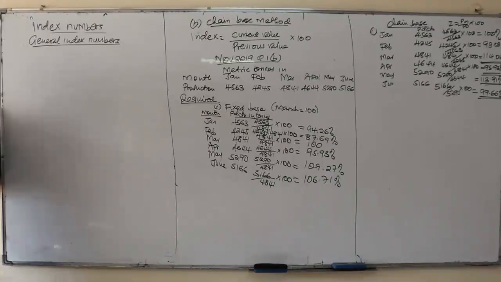It is obtained by computing the simple indices for each of the commodities, and then computing the average of the indices for the period.